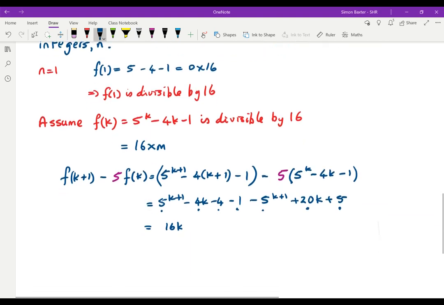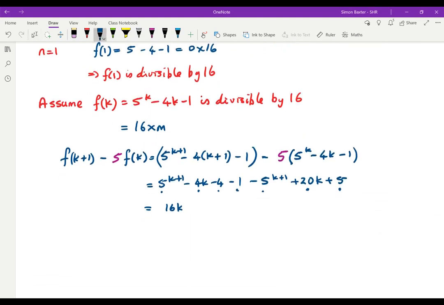So now let's rewrite what we have. This tells us that fk plus 1 is equal to 16k plus 5fk. But fk, we wrote up here, fk is 16m.